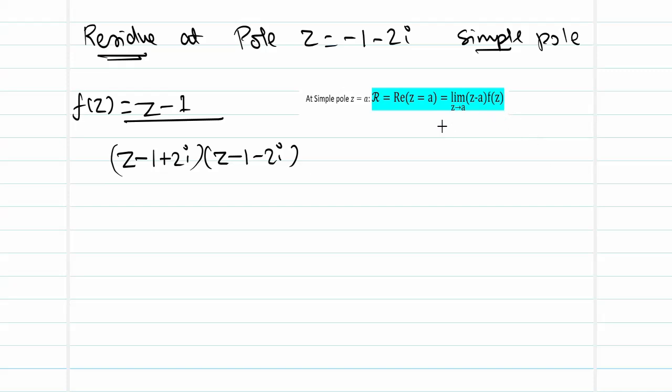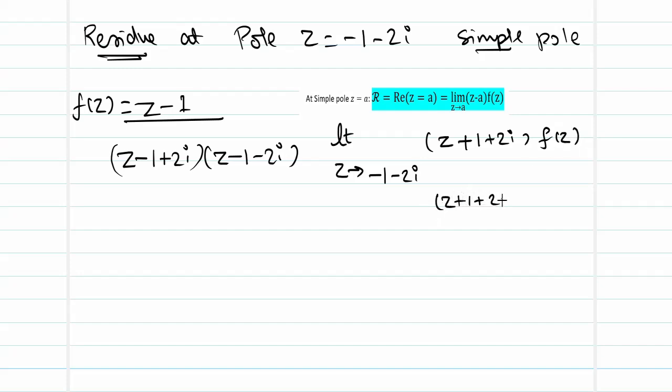The formula can be recollected as limit z tending to a, z minus a into f of z. So we need this as limit z tending to my pole, minus 1 minus 2i, z minus a. So minus of minus will become plus 1 plus 2i into my function f of z. So this is z plus 1 plus 2i.